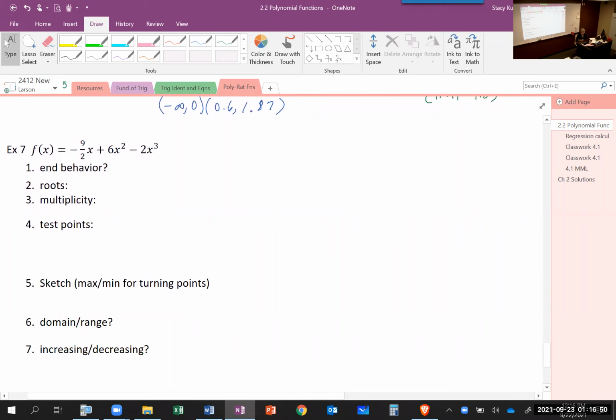So the next one that I want to talk about is this function here: negative 9 halves x plus 6x squared minus 2x cubed.